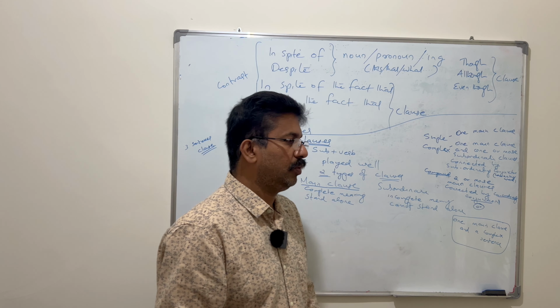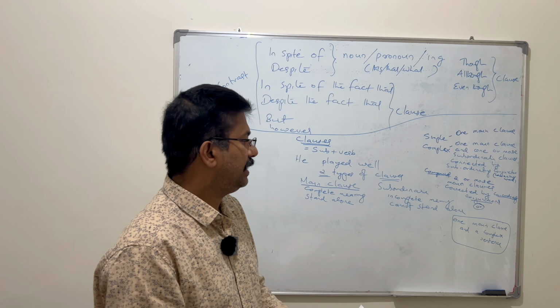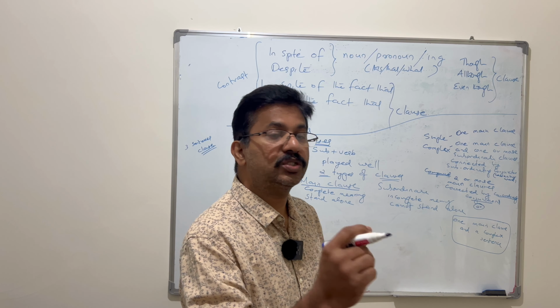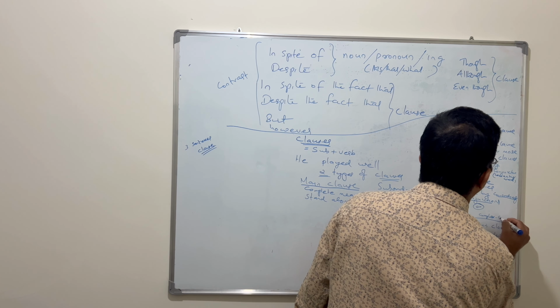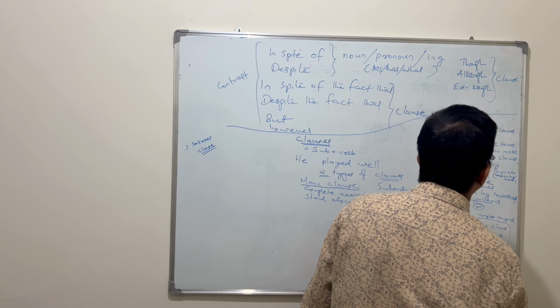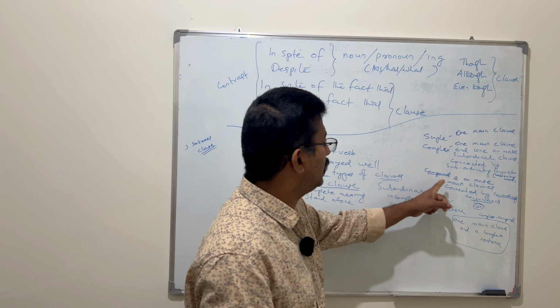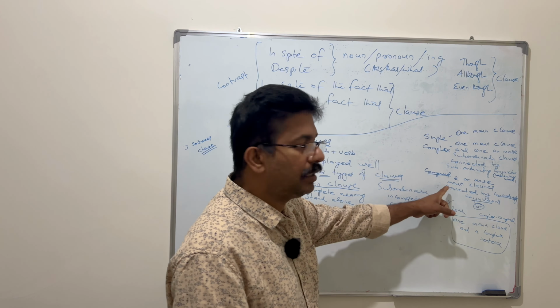This is also another definition of a compound sentence. How could it be? This is called a complex compound sentence. Complex compound. This comes under compound sentence. There are two definitions for a compound sentence.